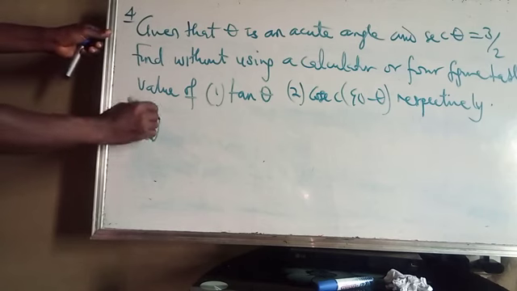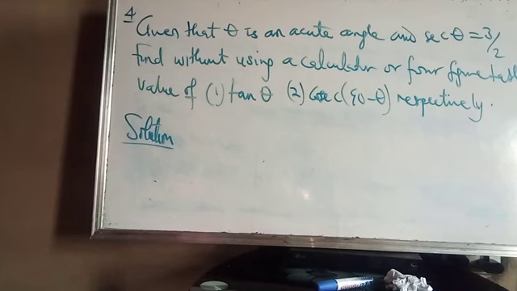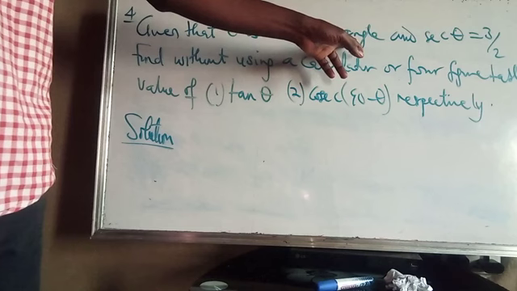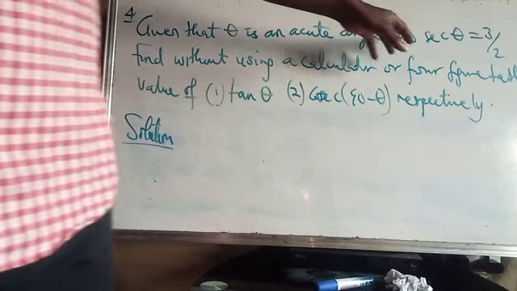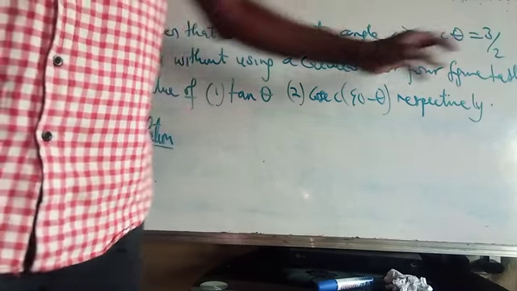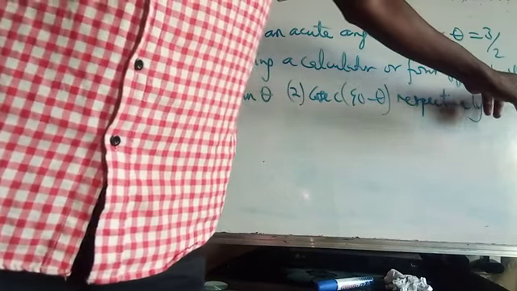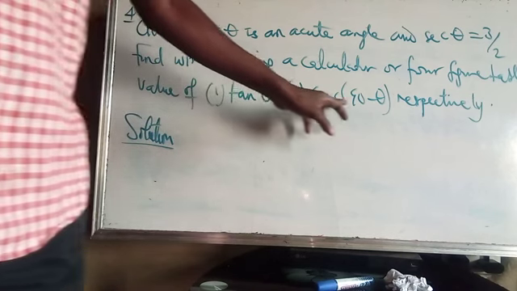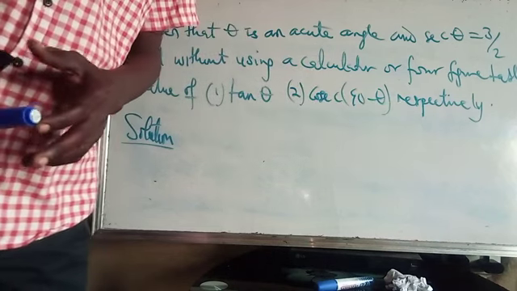Now, how do we solve this? This question is coming from trigonometry. If theta is an acute angle, and what is an acute angle? An acute angle is an angle that is less than 90 degrees, but greater than 0. And sec theta is 3 over 2. Find, without using a calculator or 4-figure tables, the value of 1, tan theta, 2, cosec 90 minus theta, respectively.